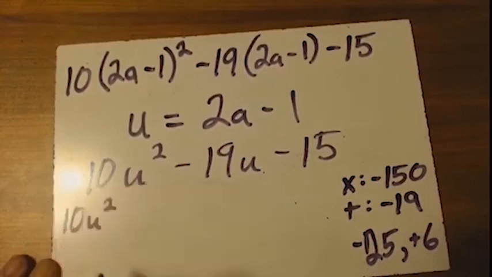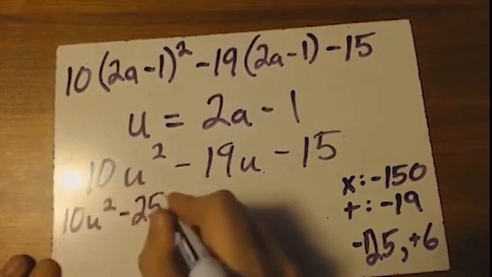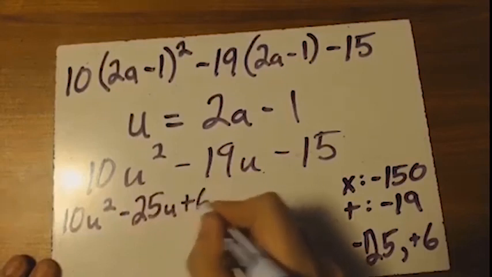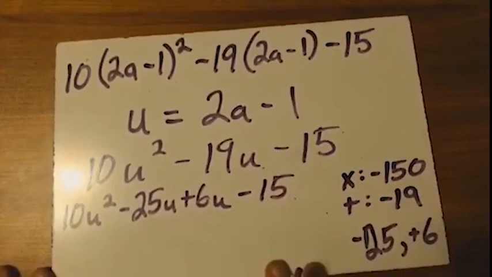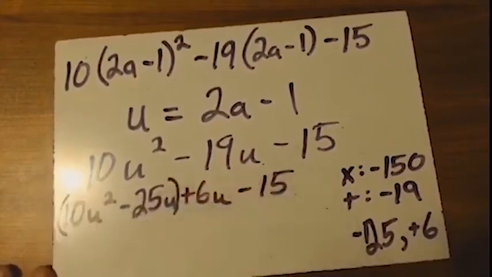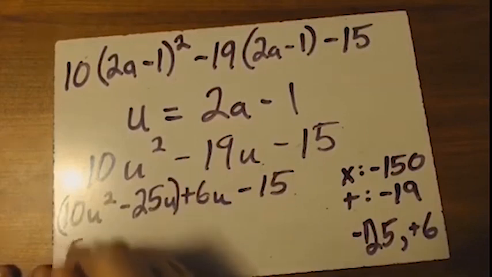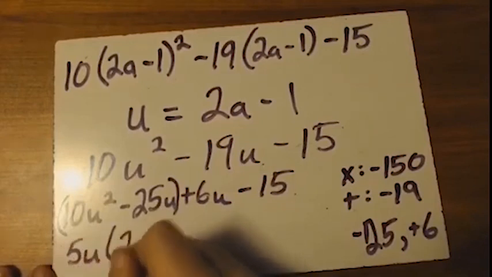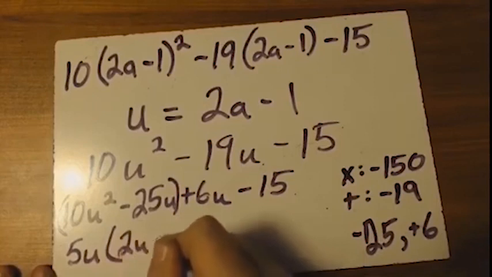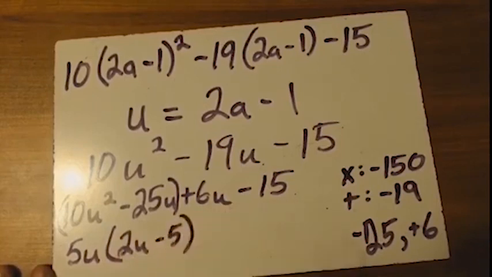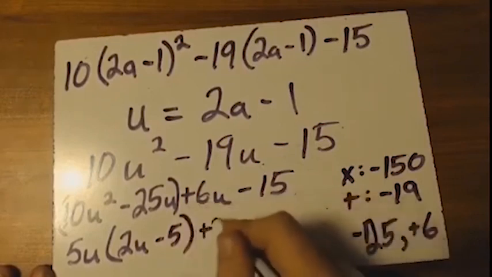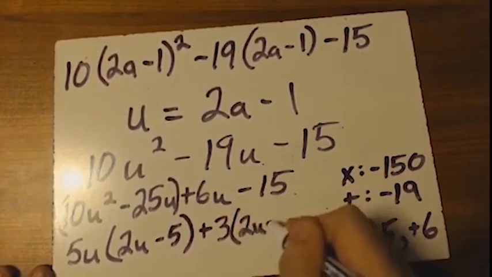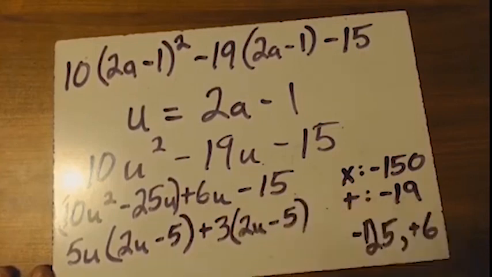So this is 10u squared minus 25u plus 6u minus 15. Group the first two. We can factor out a 5u, leaves us with 2u minus 5. From the next two, we can factor out a positive 3. It leaves us with 2u minus 5.